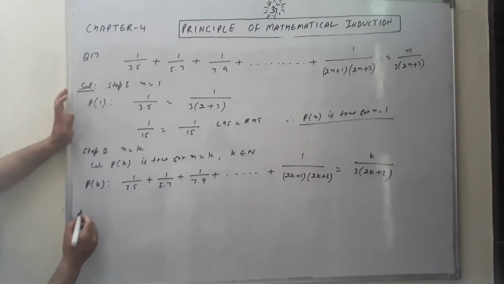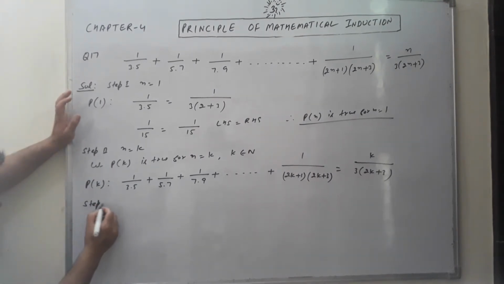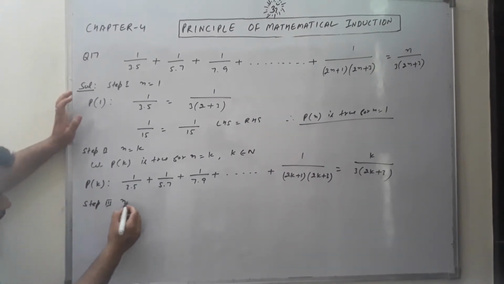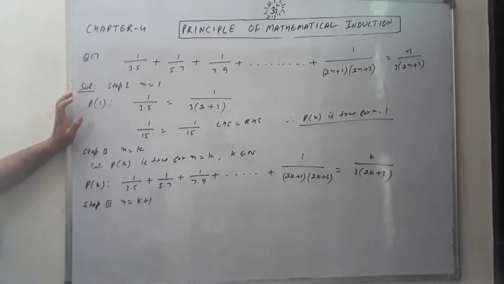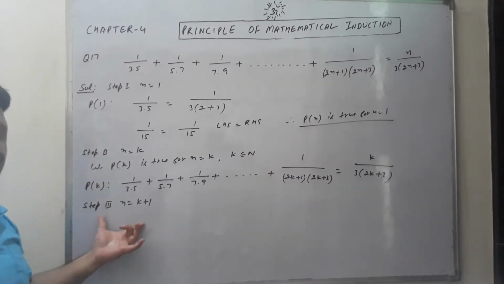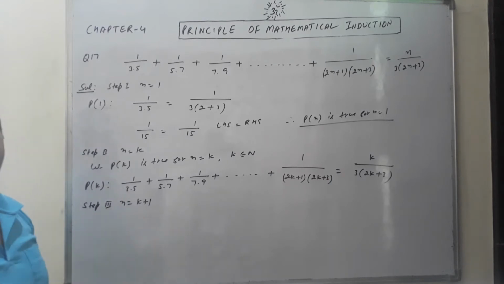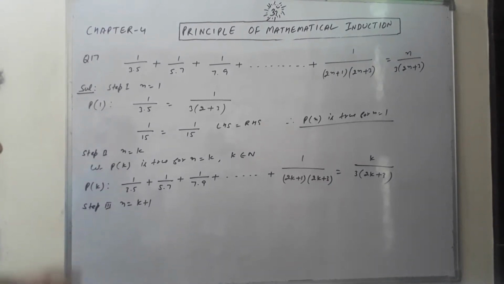So let us come with step number 3, that is n is equal to k plus 1. Here we shall prove that n is equal to k plus 1 is also true, students.